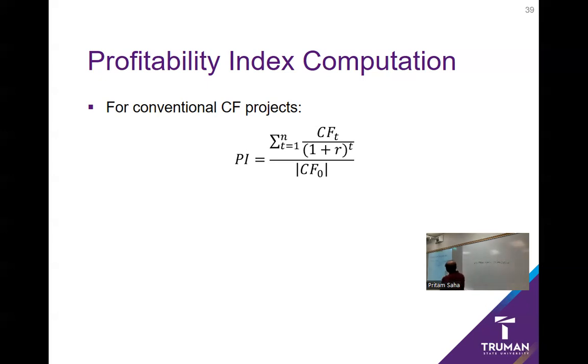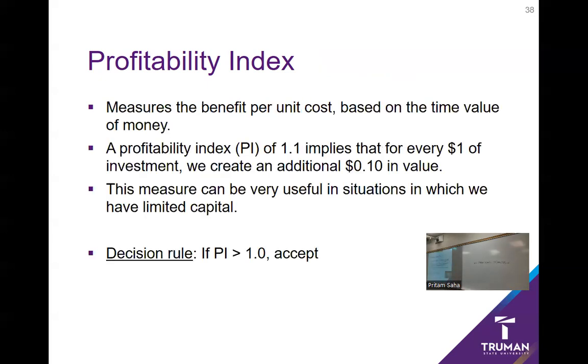But now it's a relative version. For each $1 of investment today, how much are we getting in profit? That's the interpretation. Decision rule, when to accept, when to reject: PI greater than 1, accept, else reject.